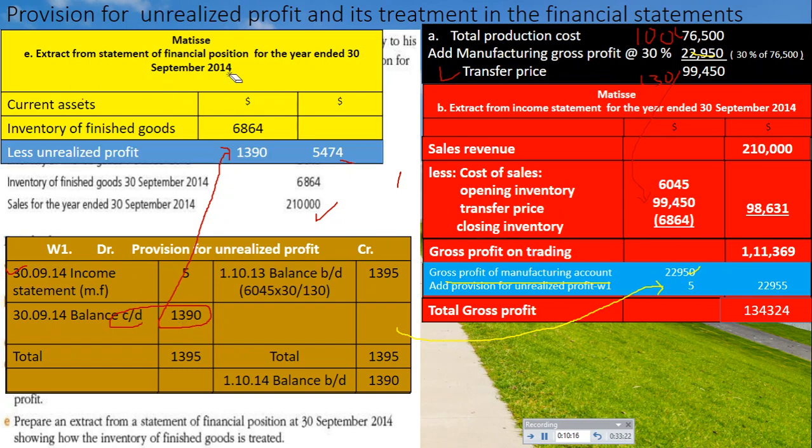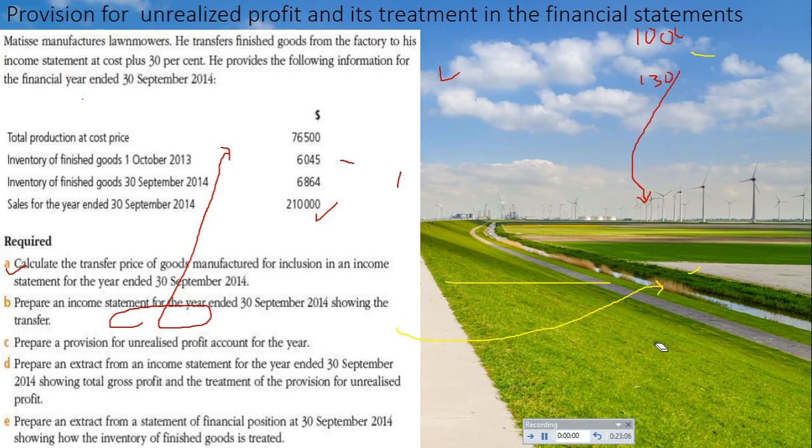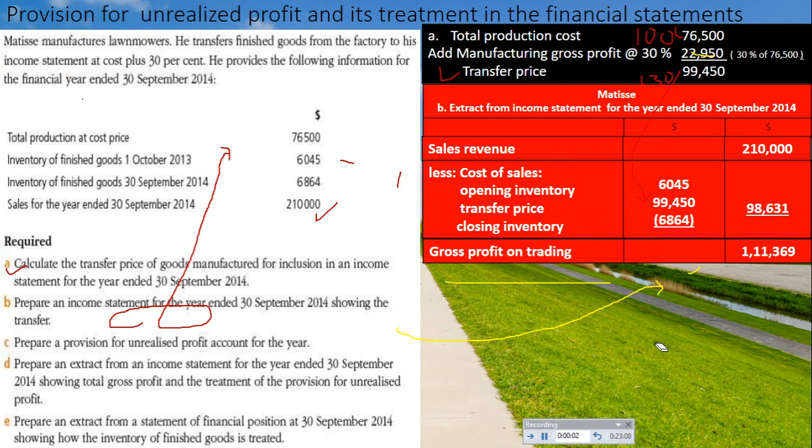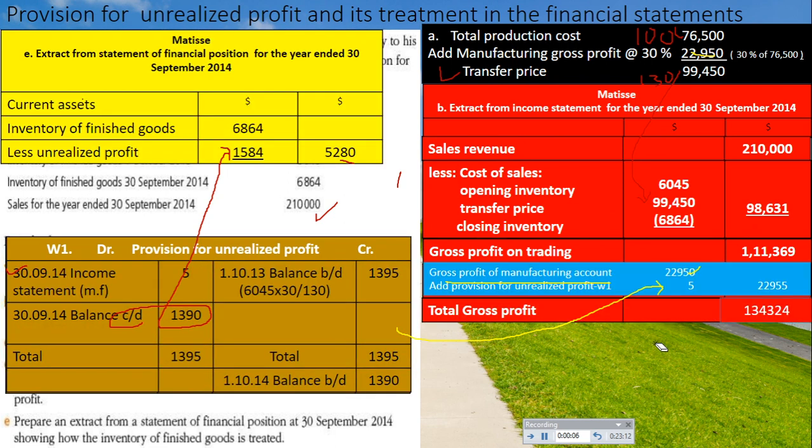Okay. So this side doesn't make a difference. Out here it's always the CD being deducted. But here you need to be careful whether you need to add or subtract. So saying this, I think you have understood the provision for unrealized profit.